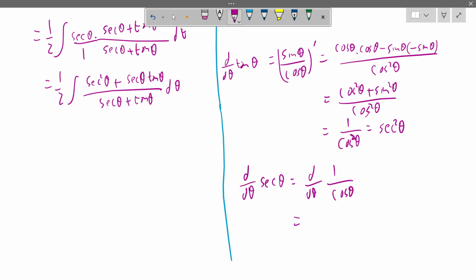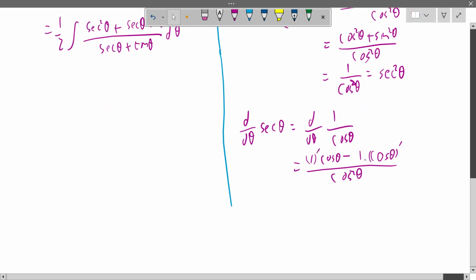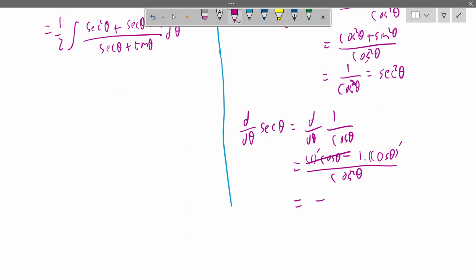And then using the quotient rule, we have the derivative of 1 times cosine of theta, so this is just 0, minus 1 times the derivative of cosine of theta, over cosine of theta squared. So this is 0, and then we have minus 1 times minus sine of theta over cosine squared of theta.